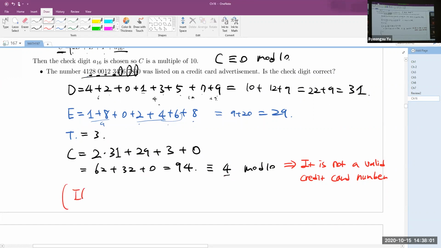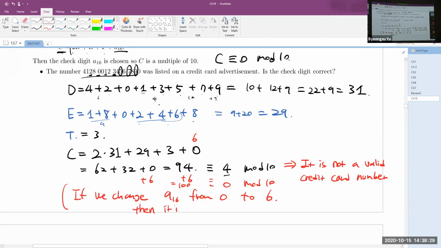So if we change A16 from 0 to 6, so if A16 is not 0, but if it is 6, then you need to plus 6 here, plus 6 here. Then what you can get is actually 100, right? So in that case, when you take mod 10 it is just 0, then it is valid, right? But the given number itself is not valid, right?